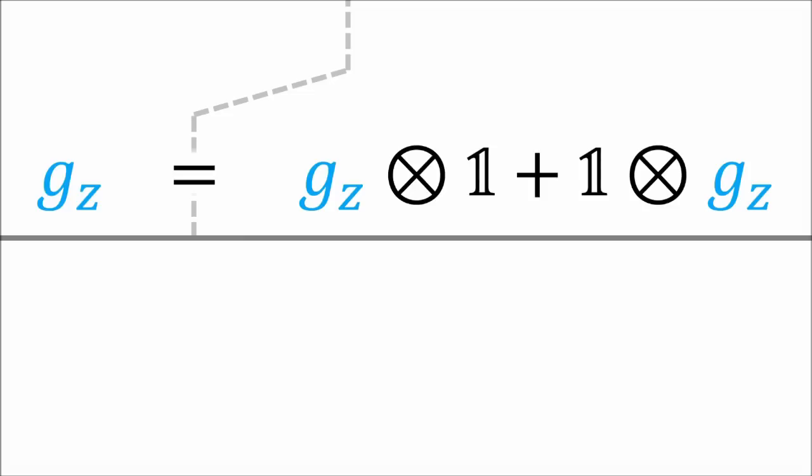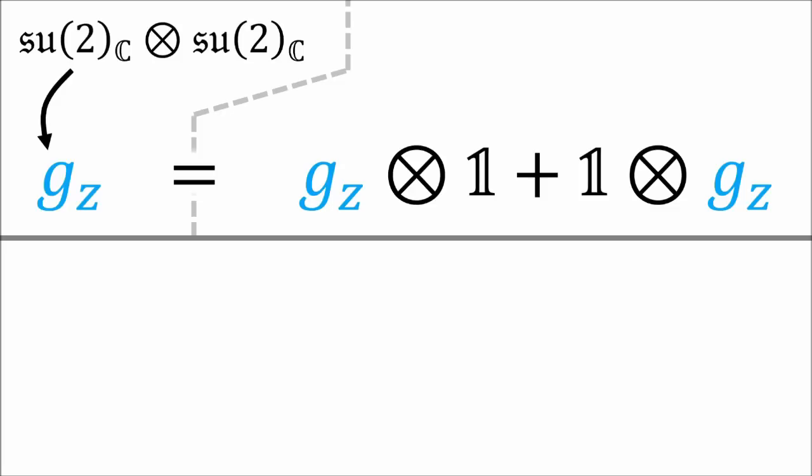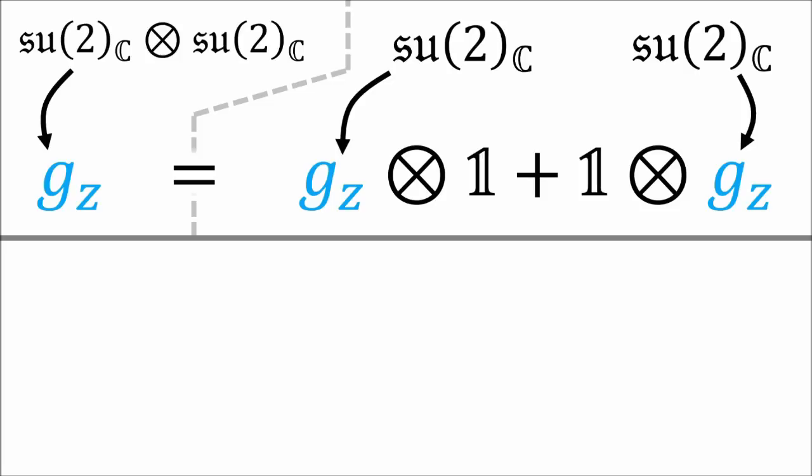So the notation here can get a little confusing. But the eigenvalue operator that lives in the SU2 tensor product space is made up of eigenvalue operators from the individual SU2 spaces. I'm going to use the same symbol for both of these cases, but it should be clear from context what I mean.